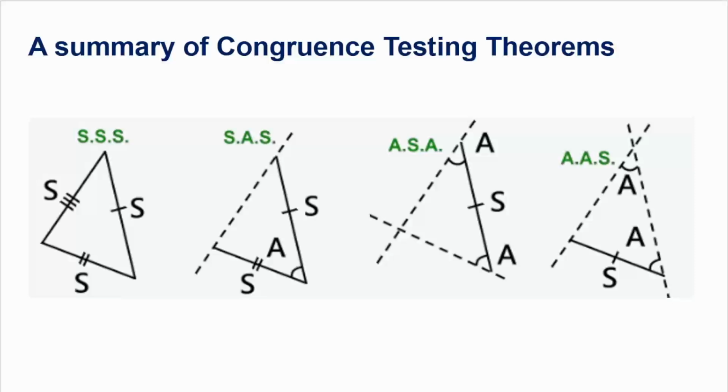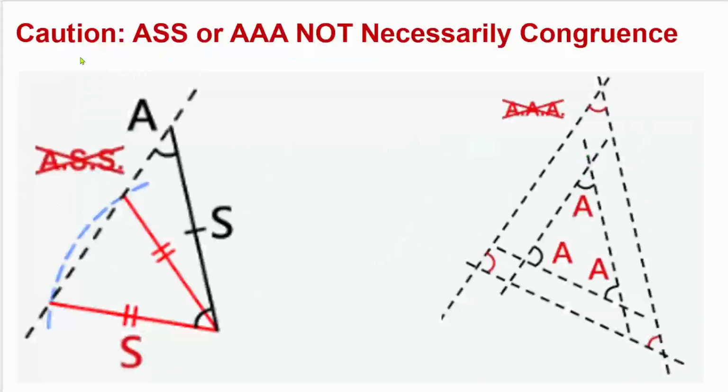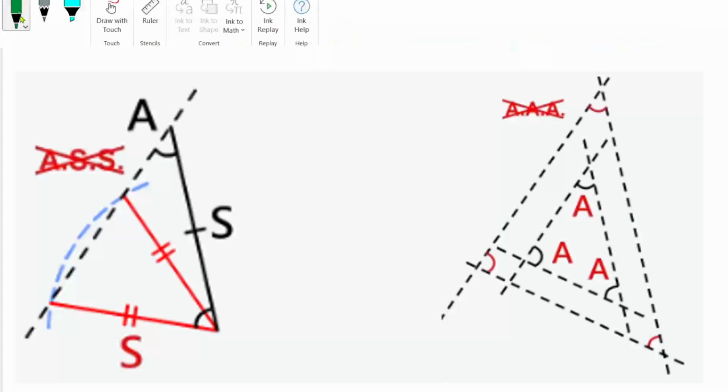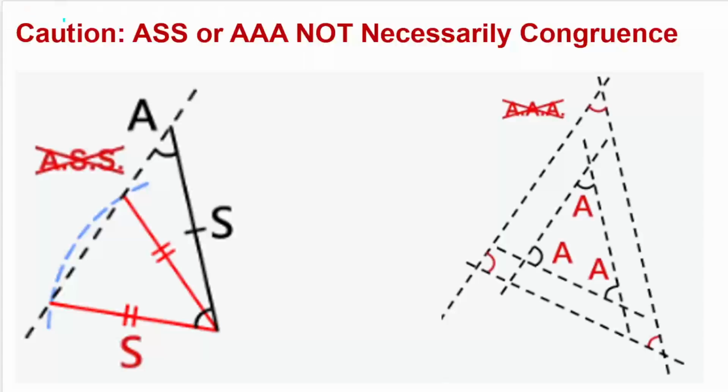So also be careful that ASS or AAA does not necessarily mean congruence, because if you consider these 2 triangles here, this little triangle and the larger one, they share the same angle A, right?